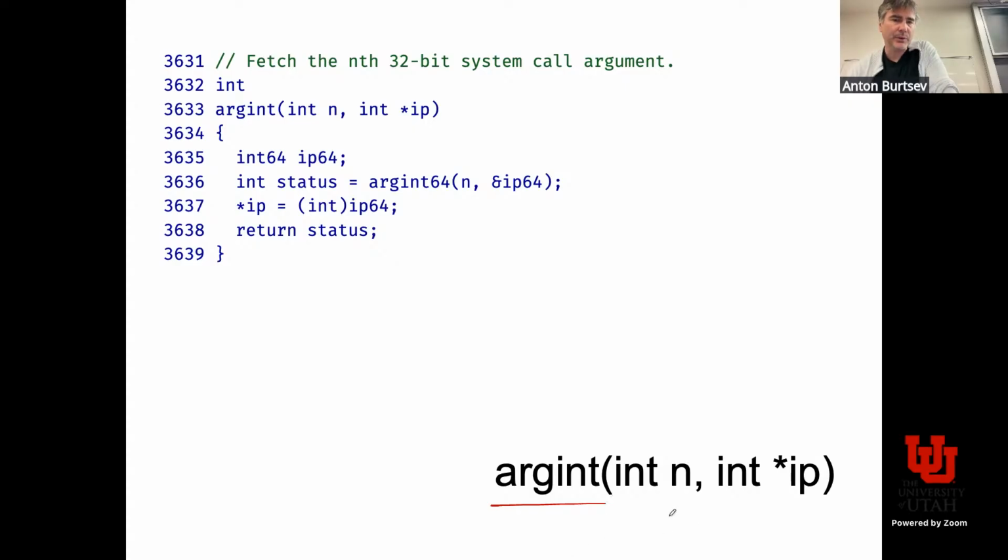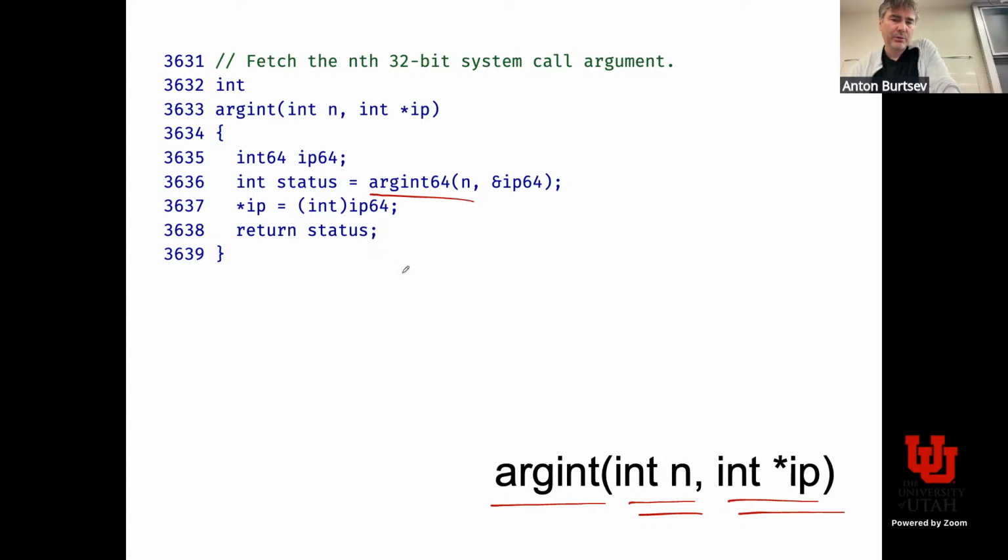You take a system call, you take an argument number, and you return a pointer to this integer. Specifically, it uses a helper function which says, fetch me a 64-bit number which might be passed as an argument to a system call.